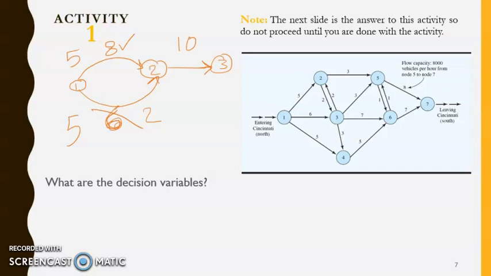Let's check the answer together. The decision variable you have defined must control whether a road must be taken or not, as well as the capacity of the road. In fact, it is very similar to the production modeling that we had before, standard bag, deluxe bag.